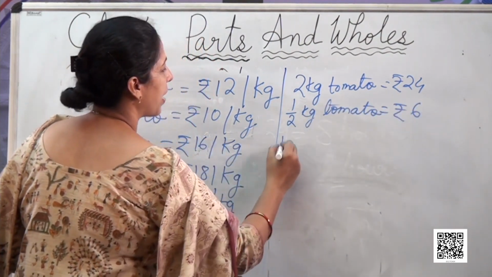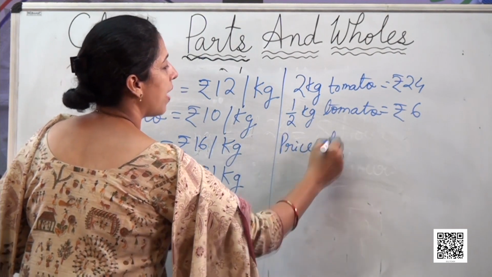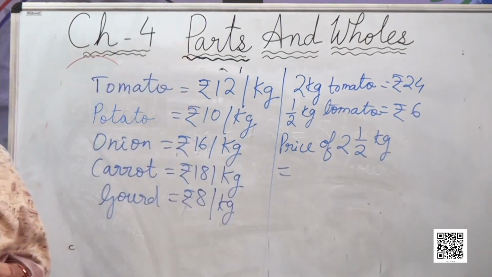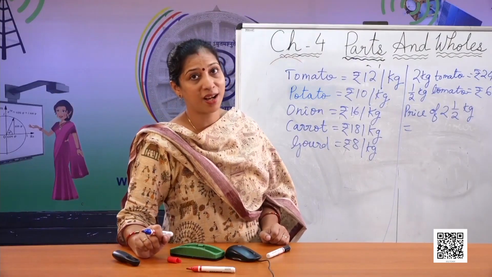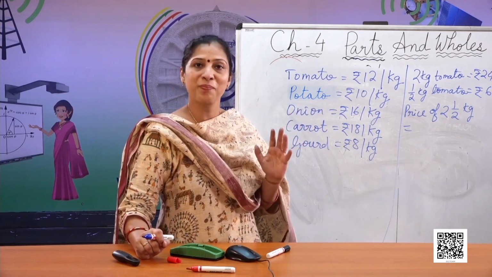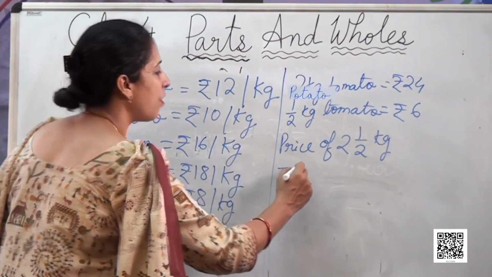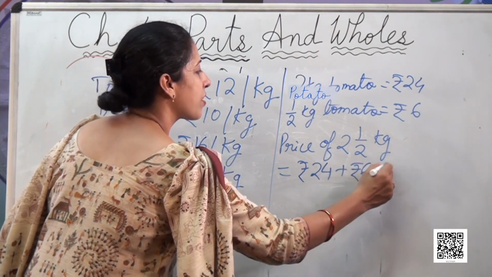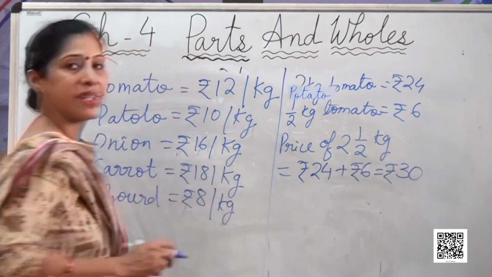So what will be the price of 2.5 kg? Yes children, can you tell what is the price of 2.5 kg? Just add 24 plus 6, that is equal to rupees 30.